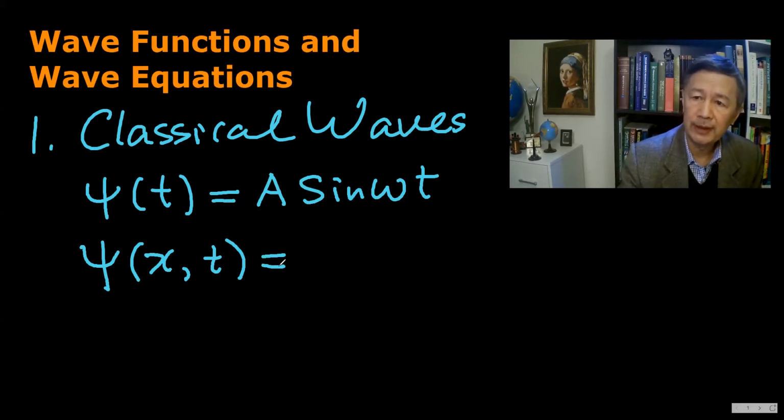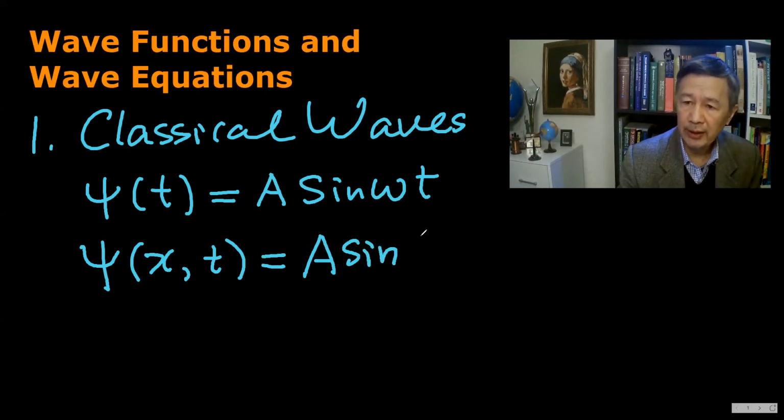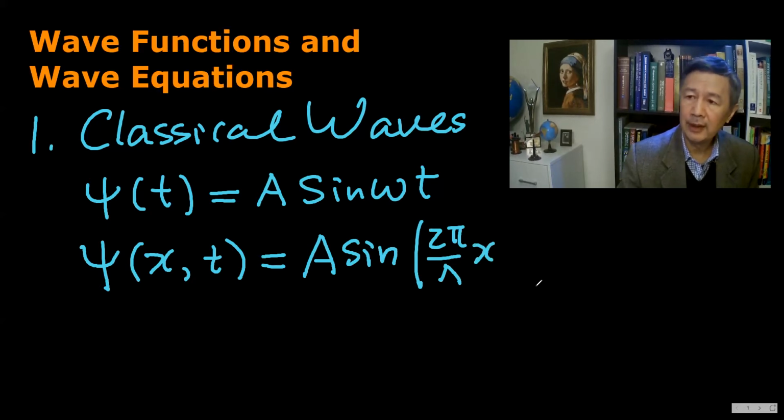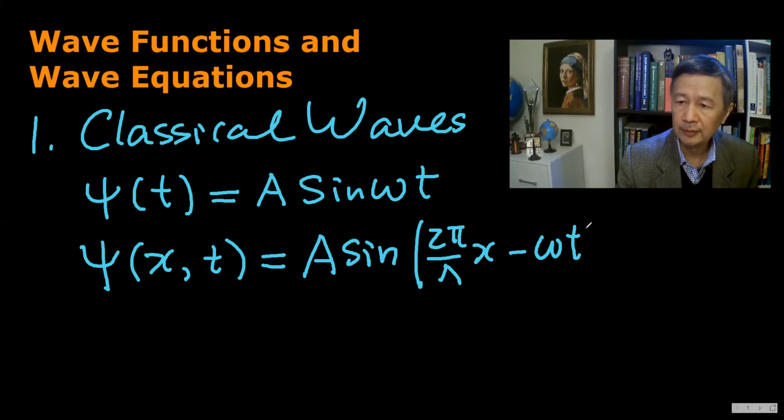In the first place, if we consider the sine wave, it can be written as 2 pi divided by wavelength multiplied by the position. Then we use the phase shift to describe the propagation of this sine profile.